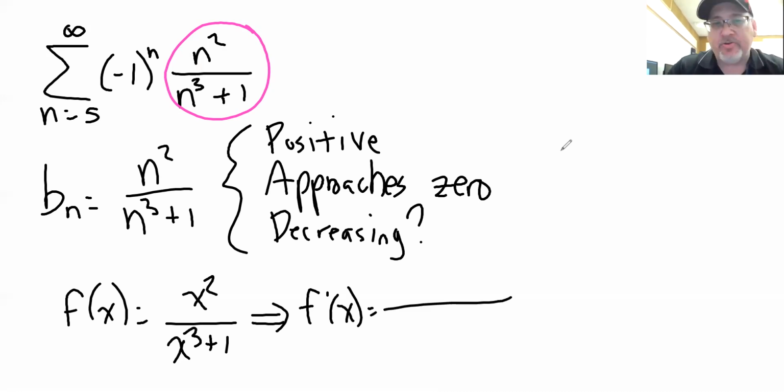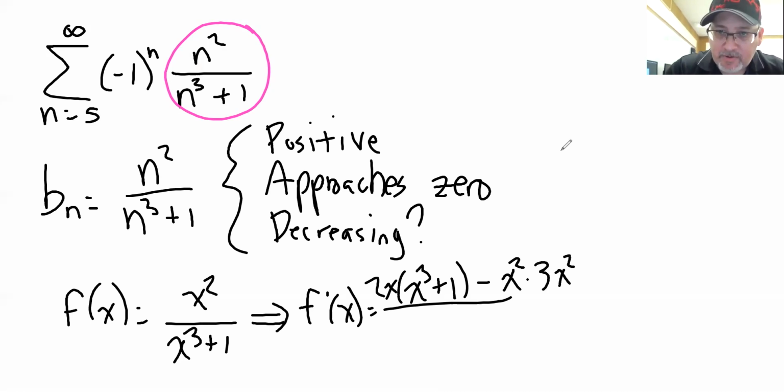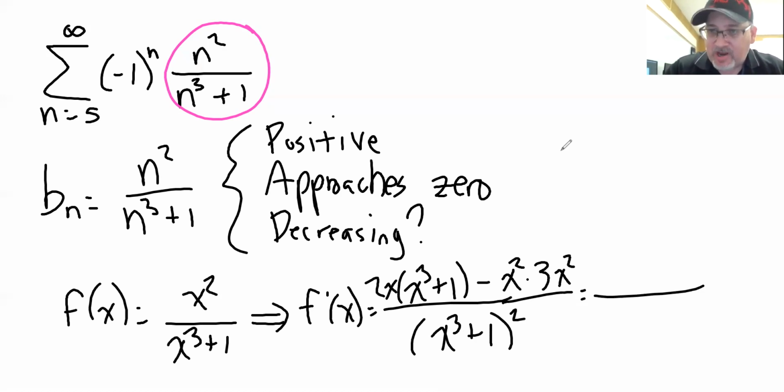That would imply that the derivative is the bottom, x cubed plus 1, times the derivative of the top, so times 2x, minus the top, times the derivative of the bottom, which is 3x squared, over the bottom squared. And the denominator is (x cubed plus 1) squared.